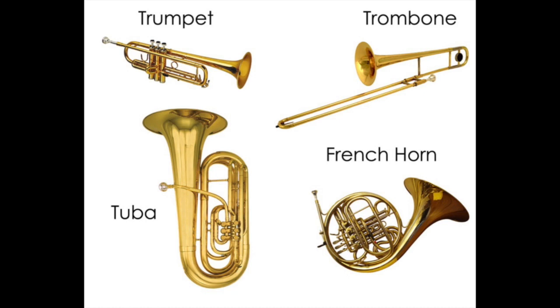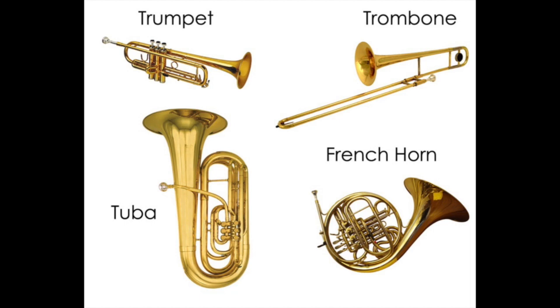Let's look at the brass family. Nice and shiny and loud. What traits do you see all of the instruments having in common? You might have said they're all made of a shiny metal called brass.